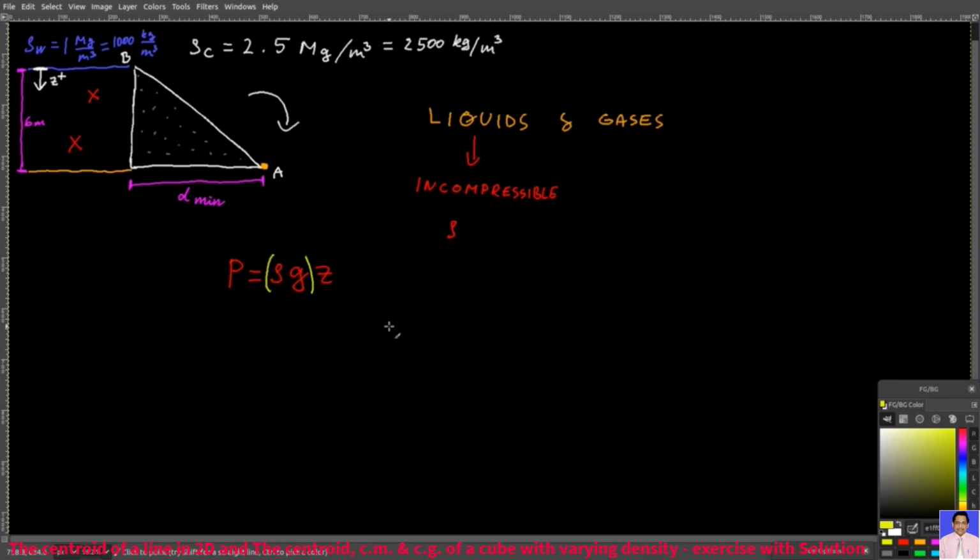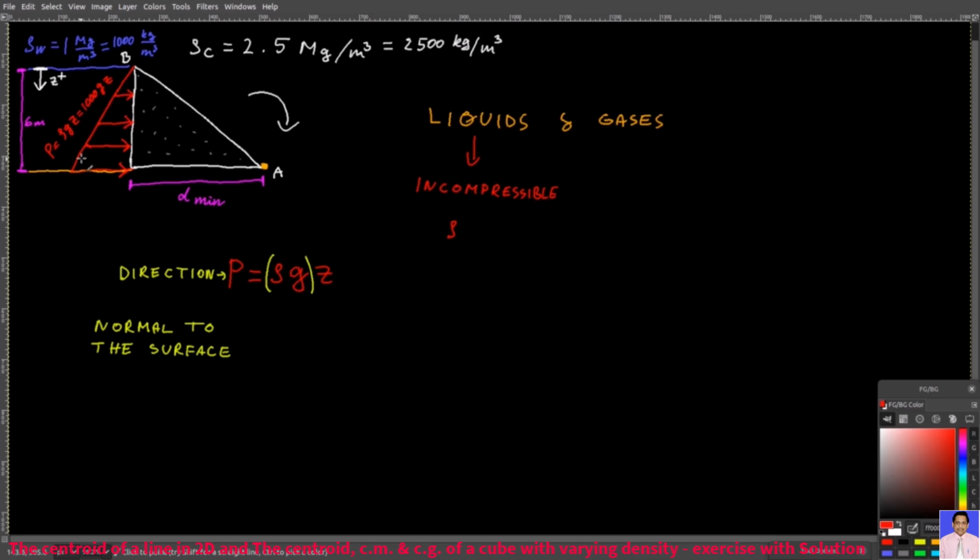Also, according to the Pascal's law, the direction of pressure is always normal to the surface of the object inside the fluid. So in our case, our pressure equals 1000 times g times z, and it's perpendicular to the wall.